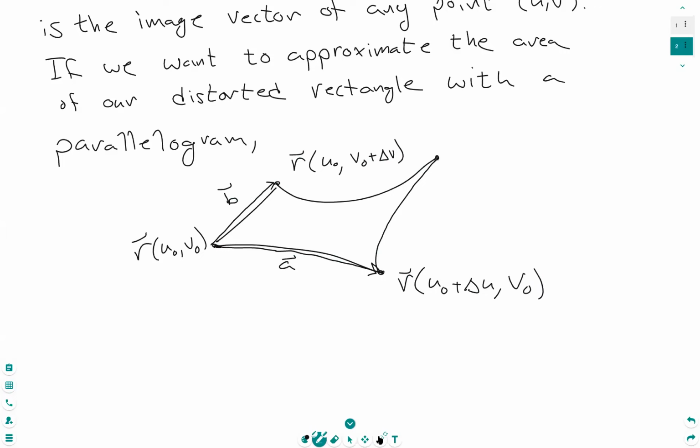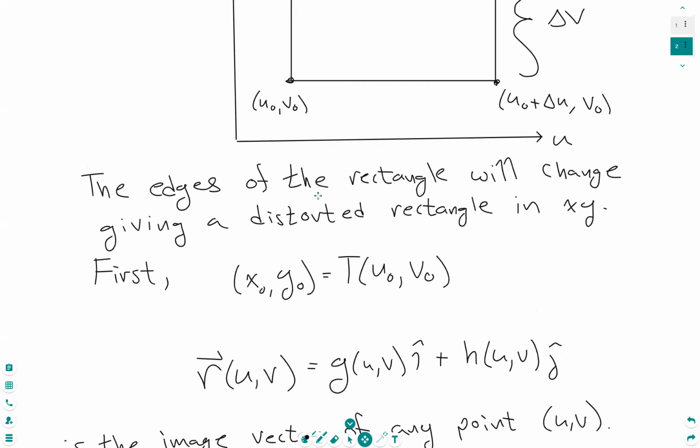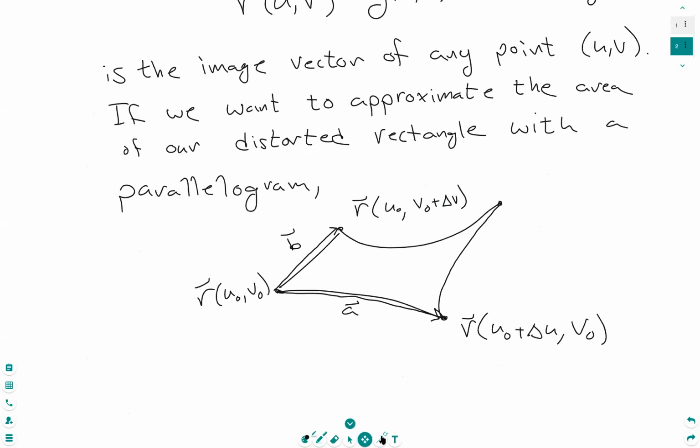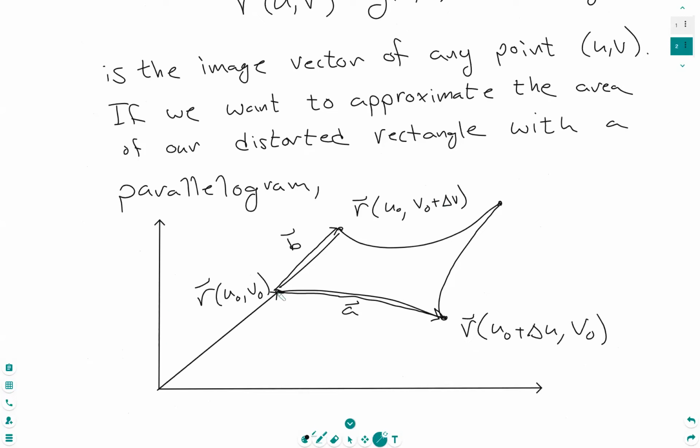So we have some vectors that originally pointed to the corners of my rectangle here. And now in XY space, I have some new vectors that point to these new things.